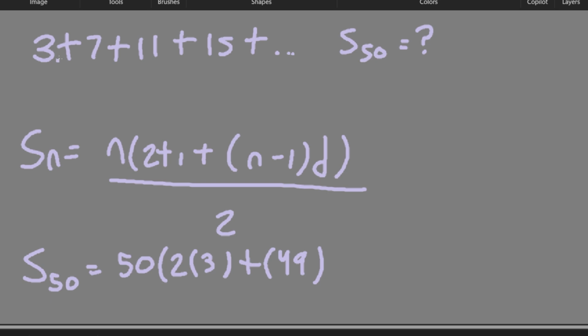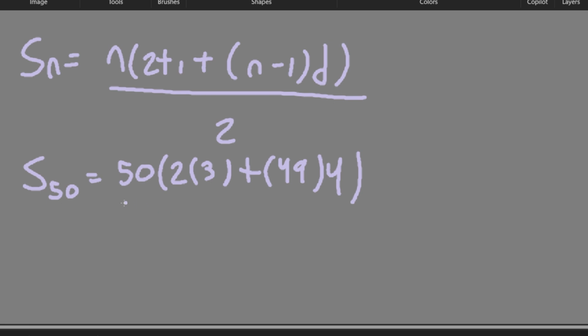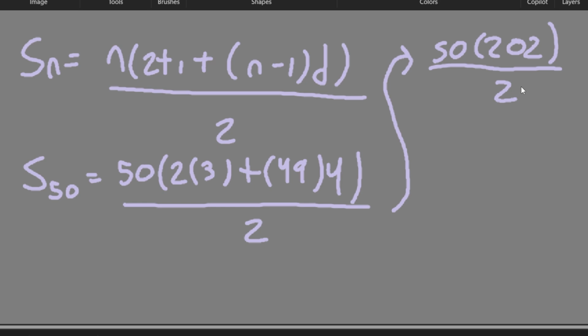And the common difference here is 4. And then we divide all of that by 2. So get your calculator. Let's do 2 times 3, which is 6, plus 49 times 4. And then 50 times 202, divide by 2. Your answer will be 5050.